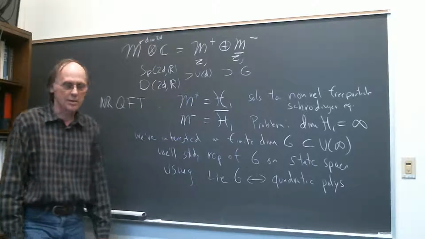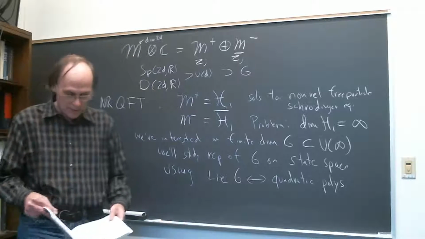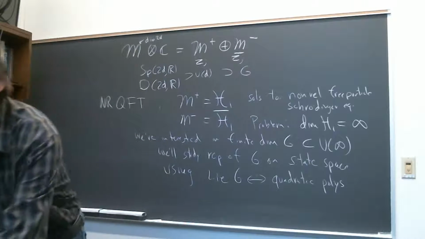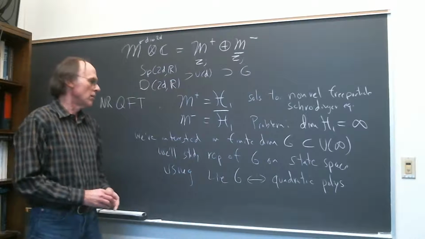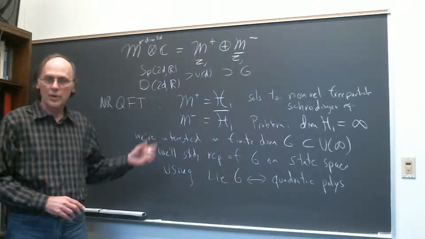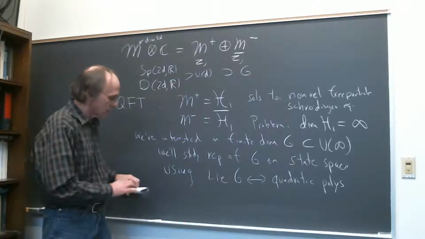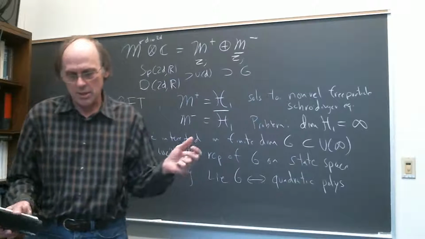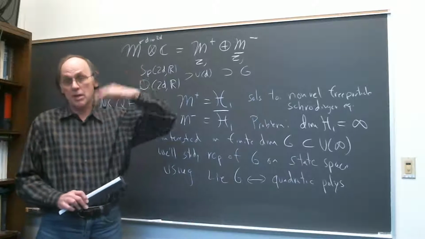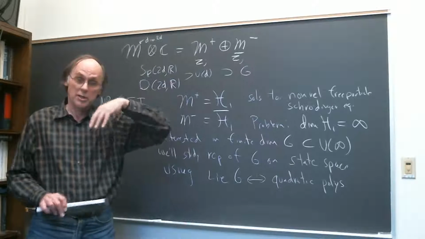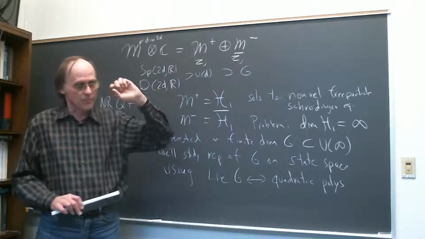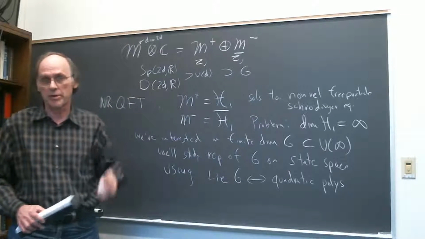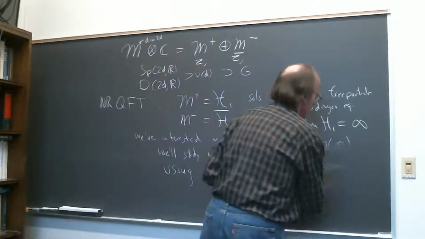Okay, so that's the plan. I want to go through this story just for some of the obvious symmetries, space-time translation and rotation symmetries, and various internal symmetries. So let's talk about those.